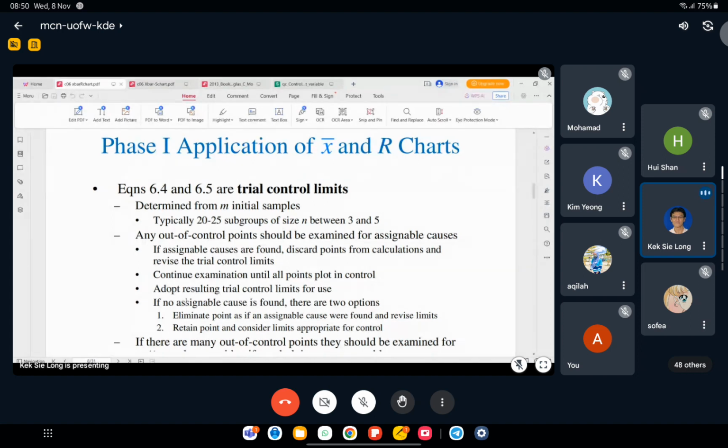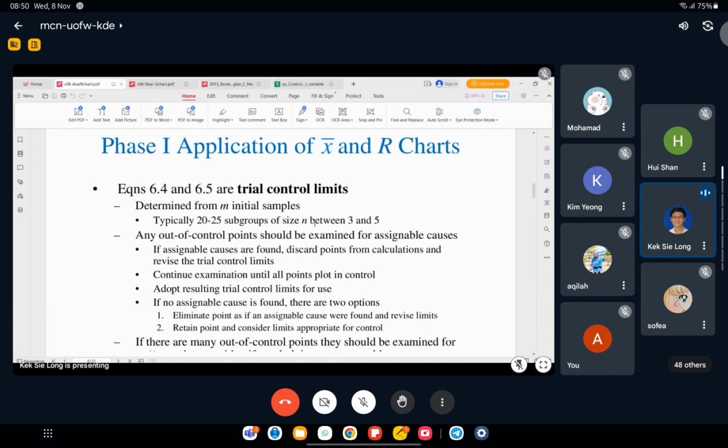Just now I mentioned m and n. So again, this is why I said it is confusing. Just now we mentioned that m is the number of samples and n is the subgroup size. But now you see, typically 20 to 25 subgroups of size n. Some of us might feel confused when we read this sentence.